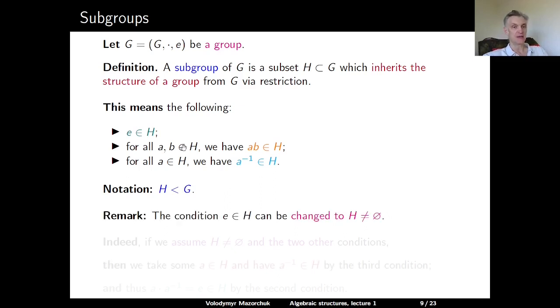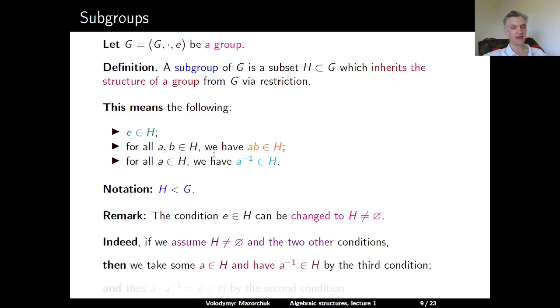Note, the condition that E belongs to H can be changed to the condition that H is a non-empty subset of G. Indeed, in one direction, if E belongs to H, then H is not empty. So let's prove the opposite. Assume that H is non-empty and the two other conditions are satisfied.